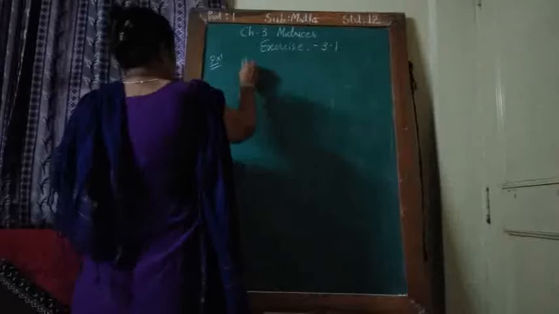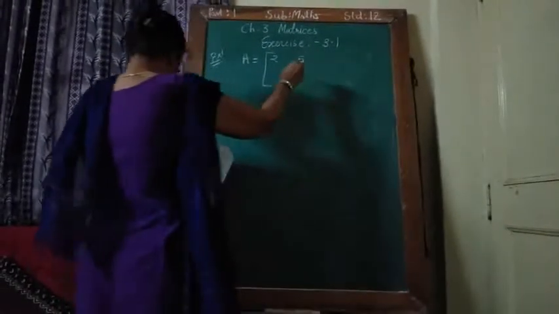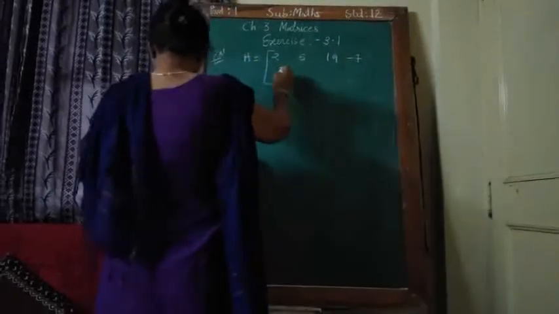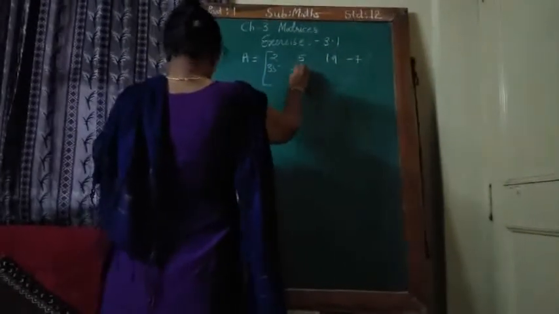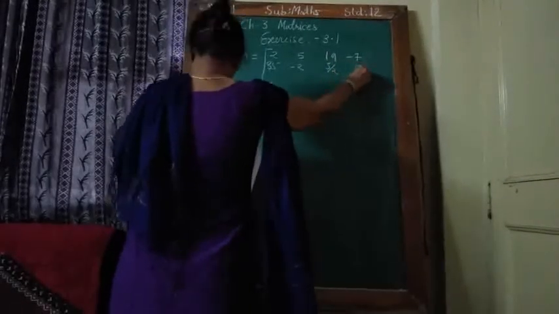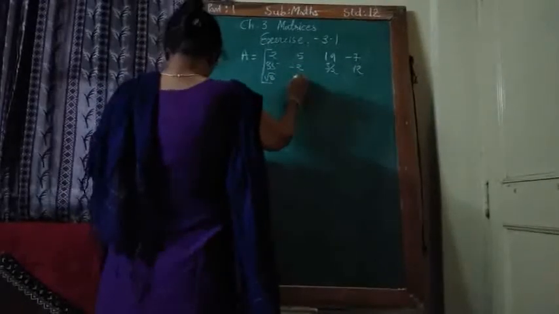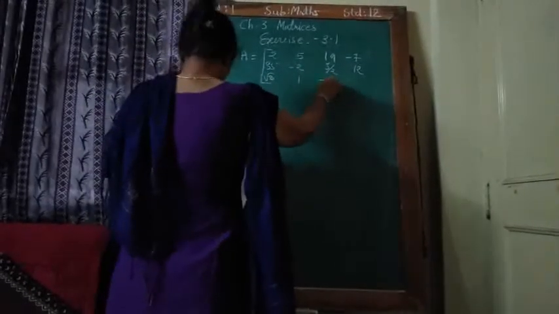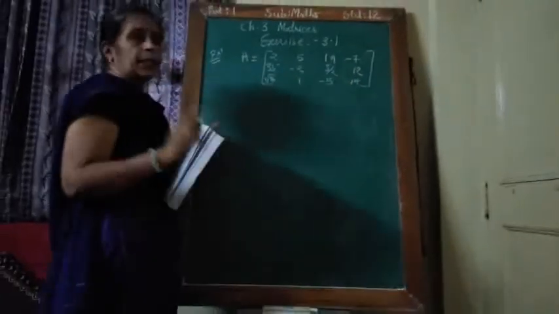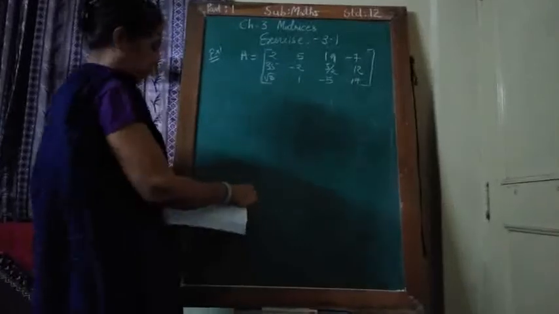In the matrix A equal to 2, 5, 19, minus 7, 35, minus 2, 5 upon 2, 12. All numbers you see here are real numbers. Root 3, 1, minus 5, 17. Root 3 is an irrational number.